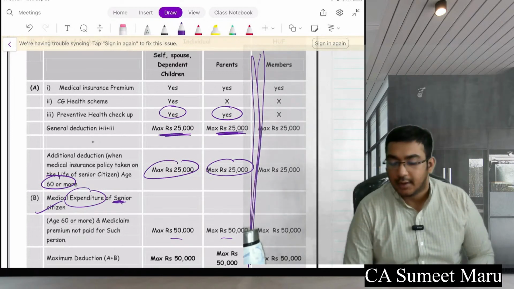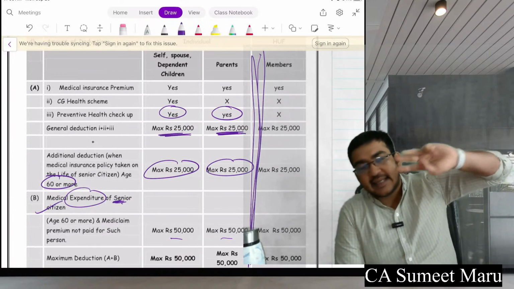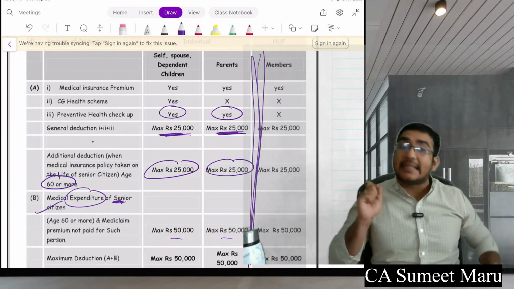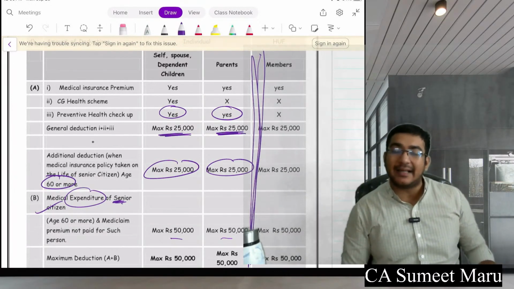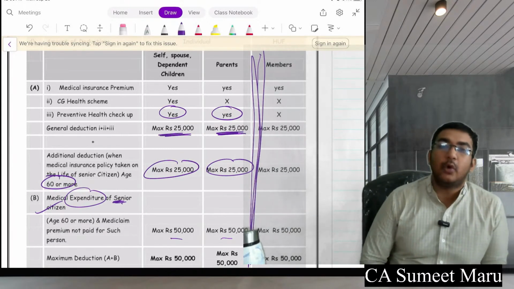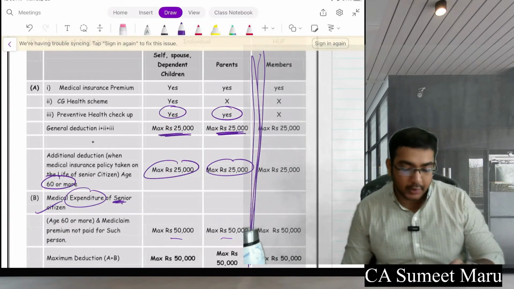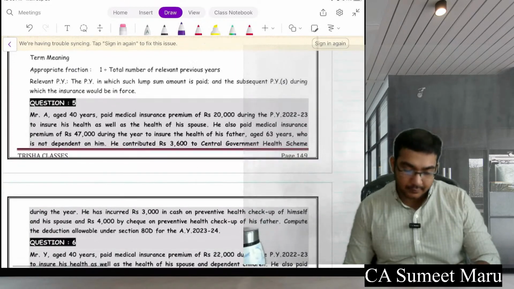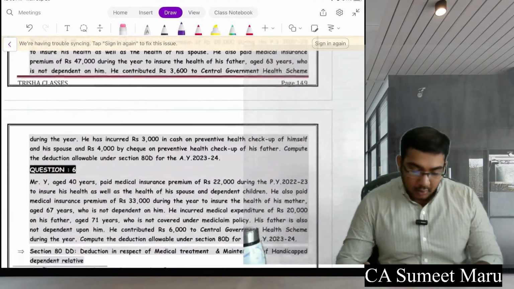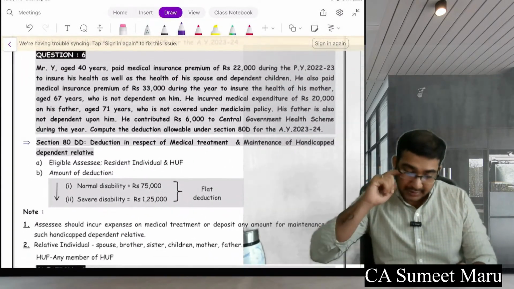Sure, clear? So we have done with almost 5 sections till now, guys. 80C, 80CCC, 80CCD(1), 80CCD(1B), 80CCE, which talks about the limit 1.5 lakh, 80CCD(2), and then we have come to 80D. Okay. Further. Next section is your section. Shall we do one question, guys?